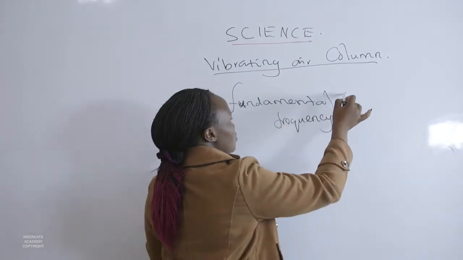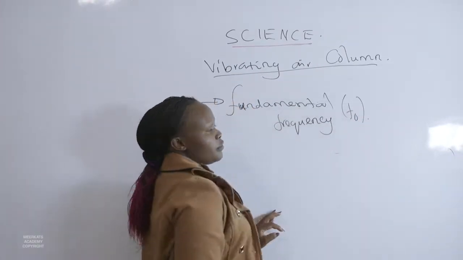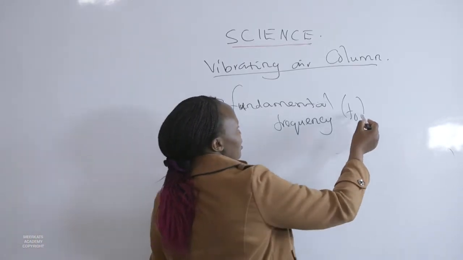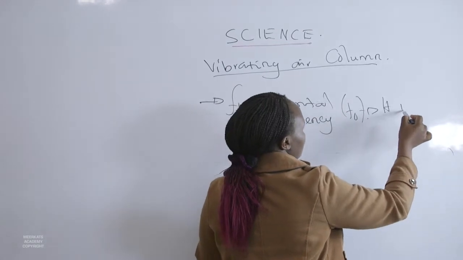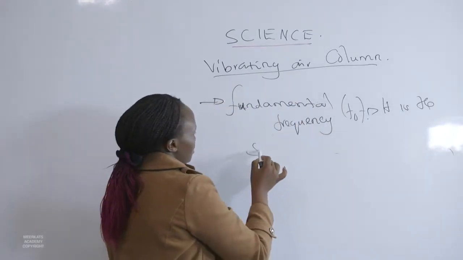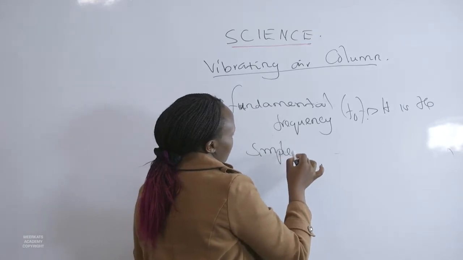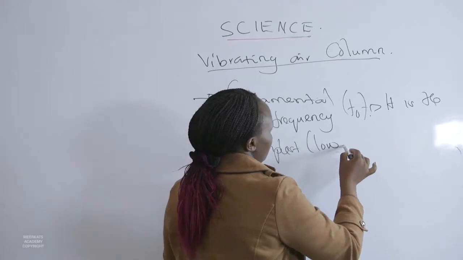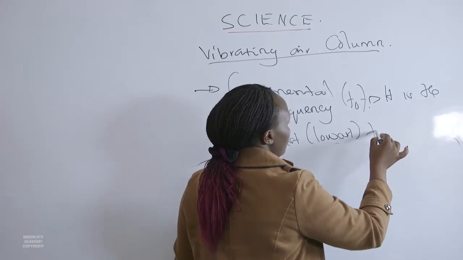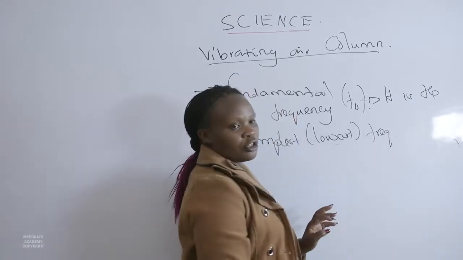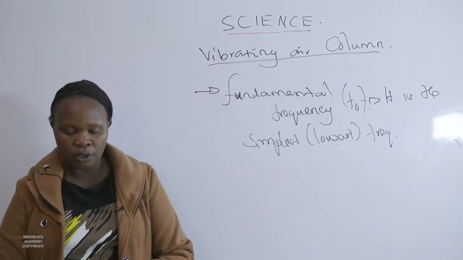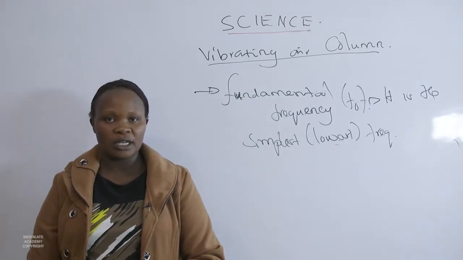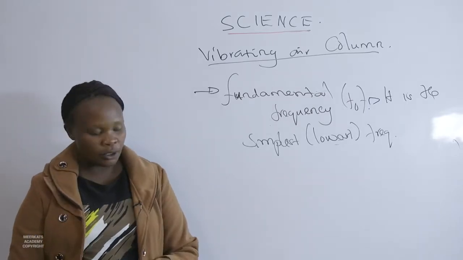Fundamental frequency is what we abbreviated as F subscript O, and this one we said is actually the simplest or the lowest frequency that can be achieved by a musical instrument.